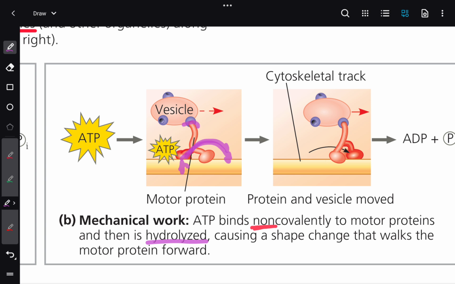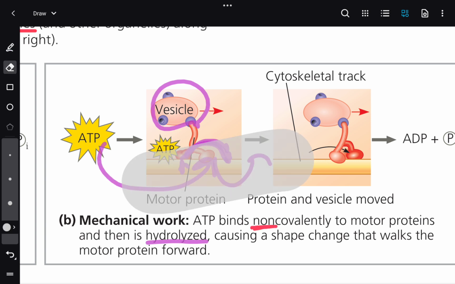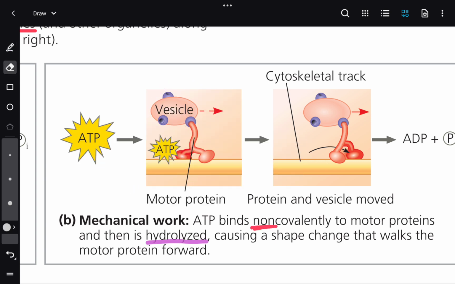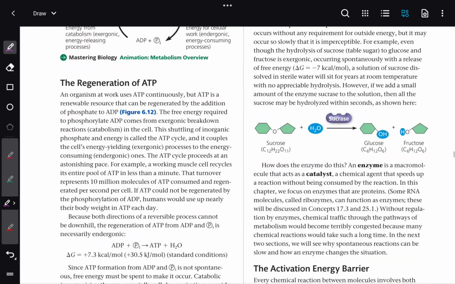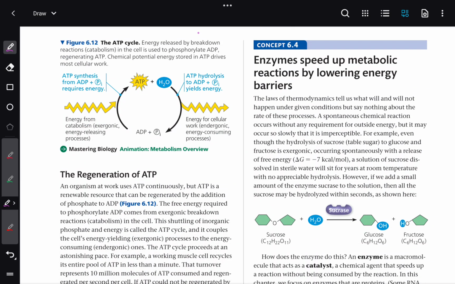Now the motor protein is already attached to the vesicle, so once it moves like this, another ATP will connect to this, it will move like this, and the crawling will happen. The details of all of this are not crucial.